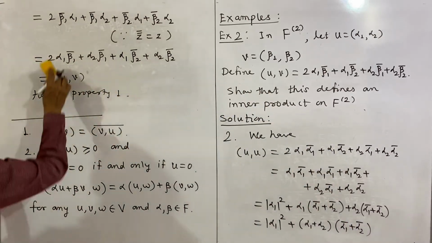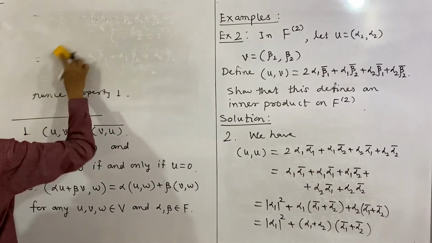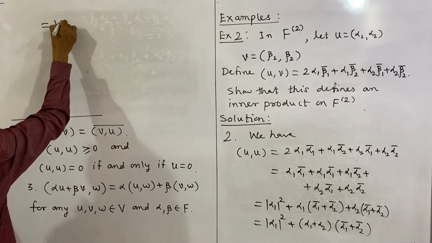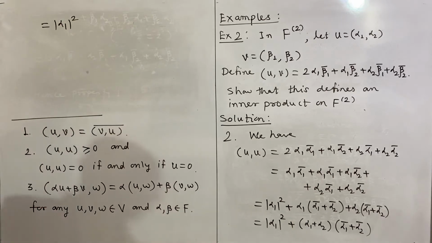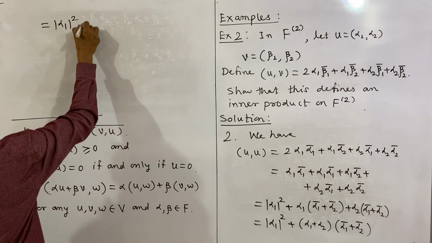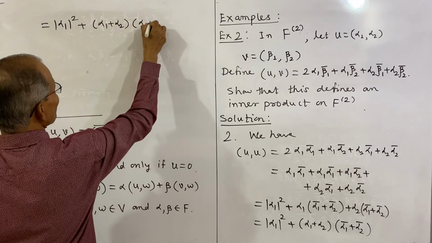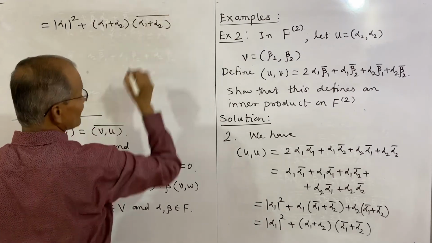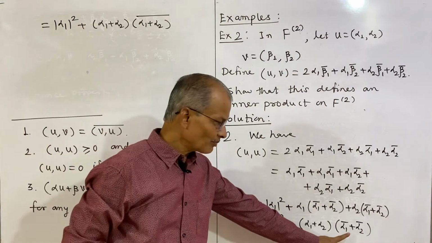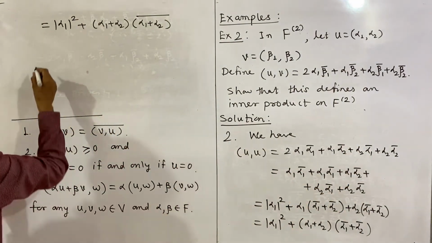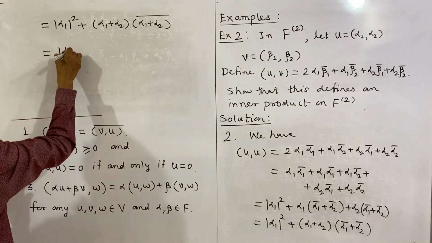and further this can be written as mod alpha 1 square plus, the second is also in this form, alpha 1 plus alpha 2 into conjugate of alpha 1 plus conjugate of alpha 2, which means conjugate of alpha 1 plus alpha 2, and that is equal to conjugate alpha.